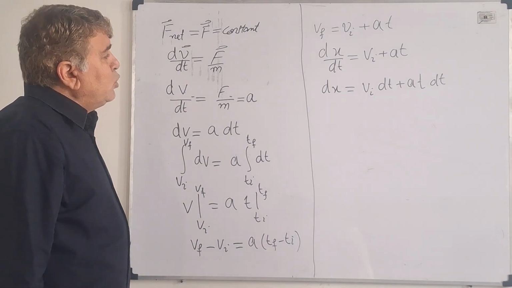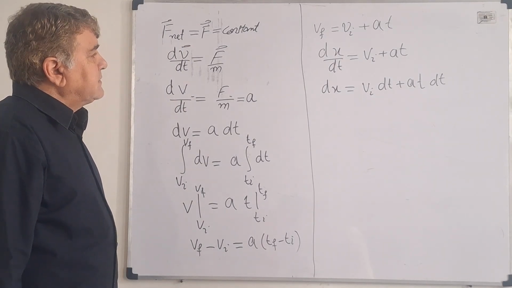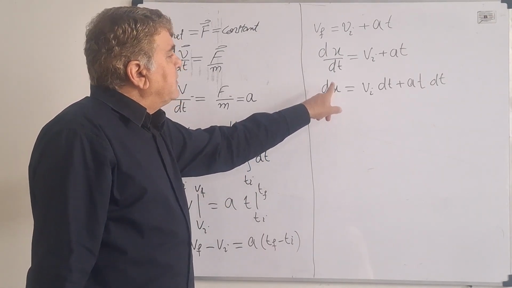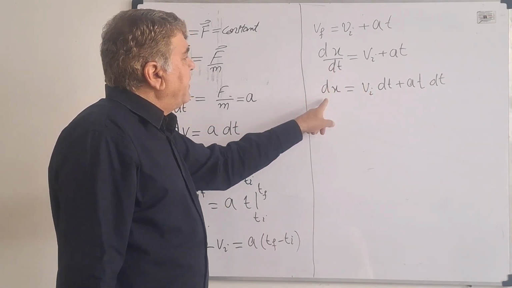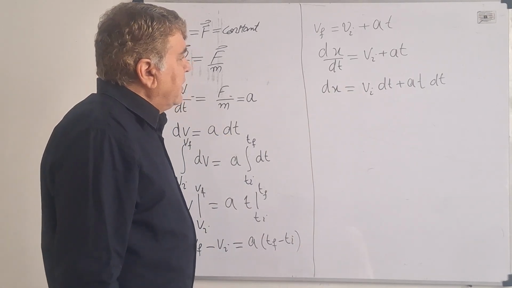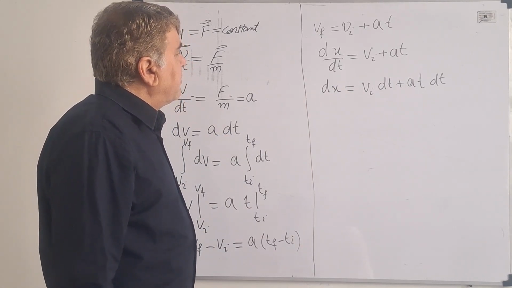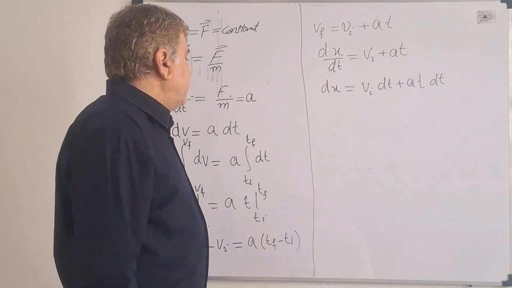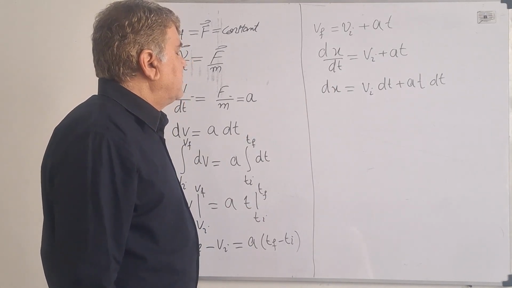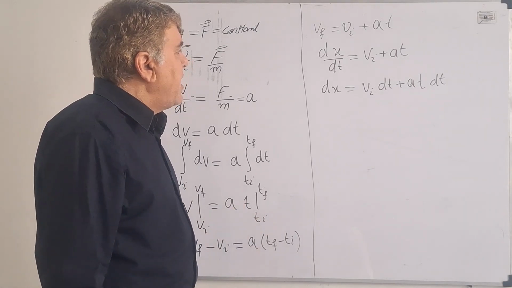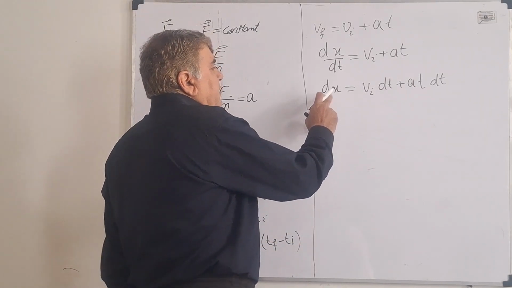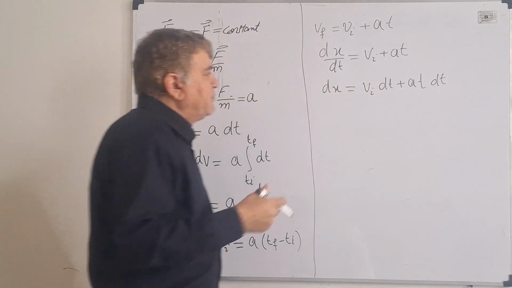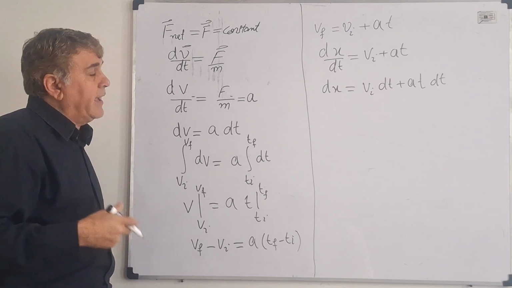Again, if I know the initial position at the initial time, then I can integrate this equation. That is, if we know the initial condition of position at initial time ti, we can find the trajectory of the particle, or the position at any time t. Let xi be the position of the particle at time ti and xf be the position of the particle at time tf.